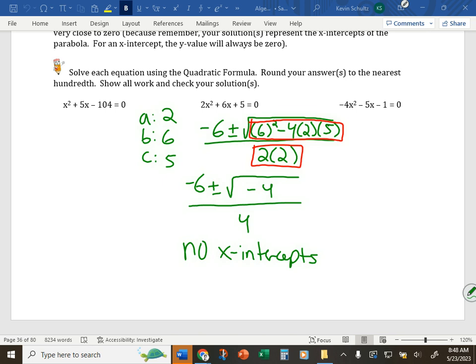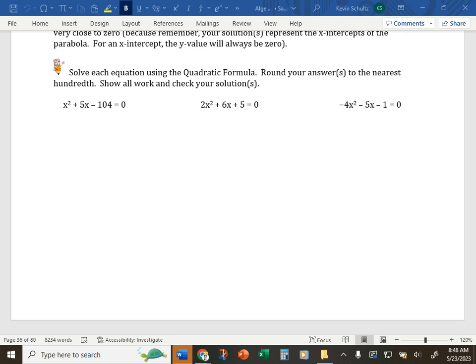All right. Last one. Whole bunch of negativity here. Our A term is negative 4. Our B term is negative 5. Our C term is negative 1. Let's go to work. Negative B. This time it's going to be a positive 5, right? Because a negative 5 makes it positive.